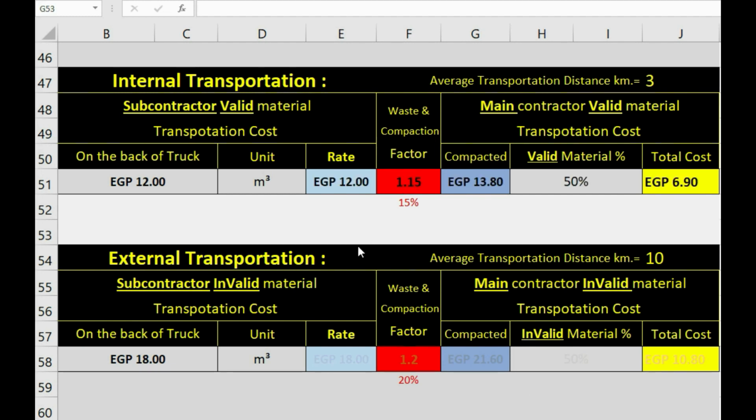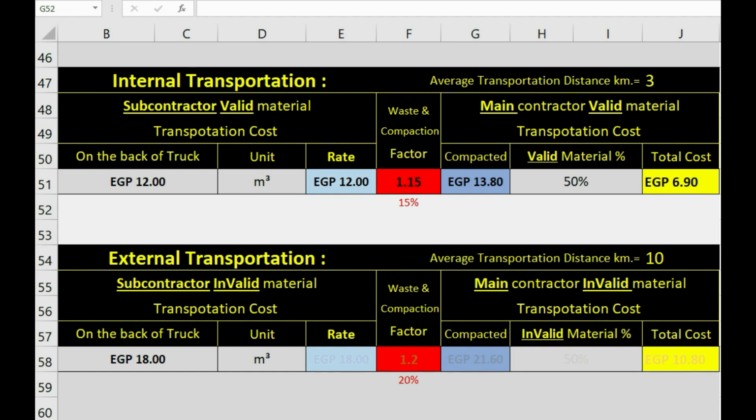The actual cost will be 12 by 1.15 equal 13.8. Let's check. 12 multiply 1.15, 13.8 Egyptian pound.